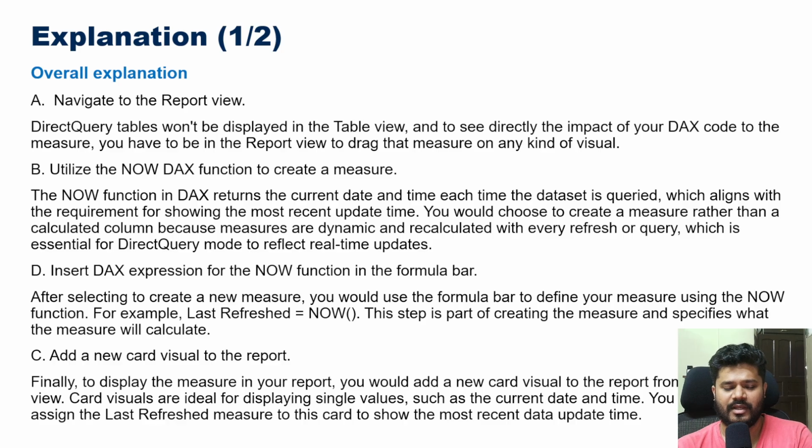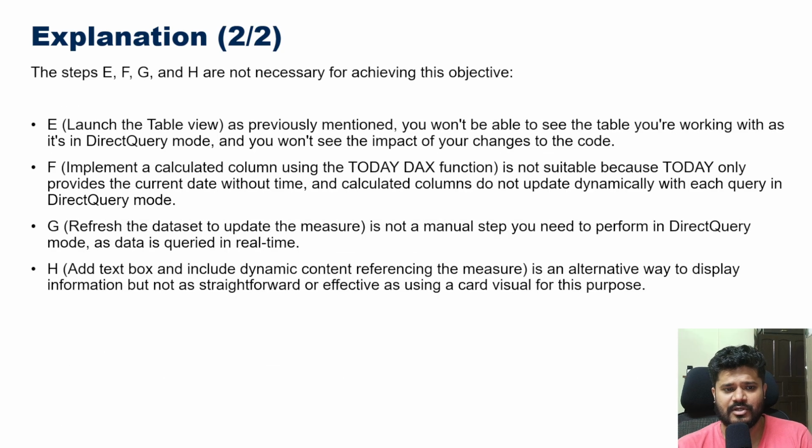In detail, you can go through all the information on this slide, regarding the Now DAX function, creating a measure using Now DAX, and the card visual. The next slide talks about steps E, F, G, and H, what each step indicates, and how it relates to the question being asked. You can go through this information that covers the explanation part.